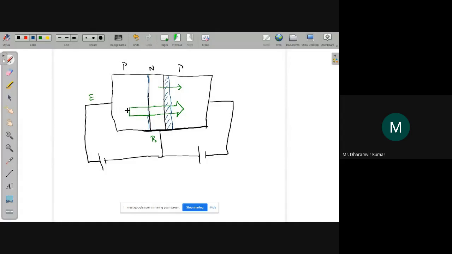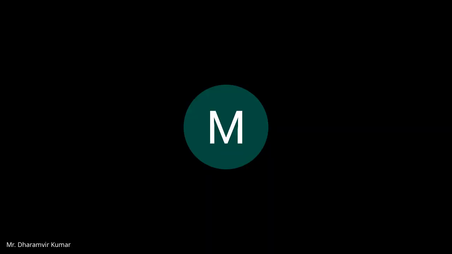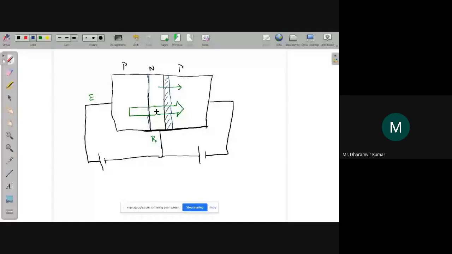Now there's one more thing to be added here: the majority charge carriers are holes in the case of this emitter. So actually holes are flowing from emitter to base. The positively charged holes enter the base region, which are still positively charged. Because of the depletion region, which contains a very strong electric field, and because of the external battery, whatever holes enter from emitter to base are instantly swept away by the collector region, because this is the negative polarity of the battery.